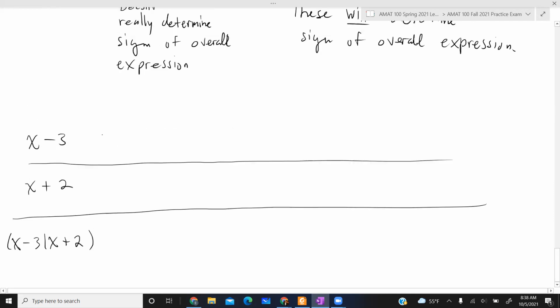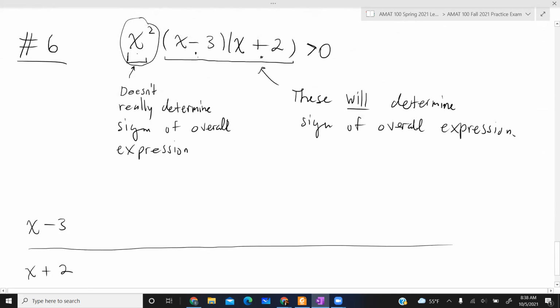Now, the number of columns is going to depend upon the number of places where the sign could potentially change, and that's going to be the roots of this expression. So sign changes occur at roots. I should say in parentheses, possible sign changes, not guaranteed.